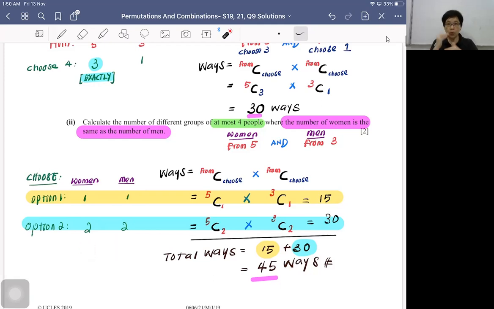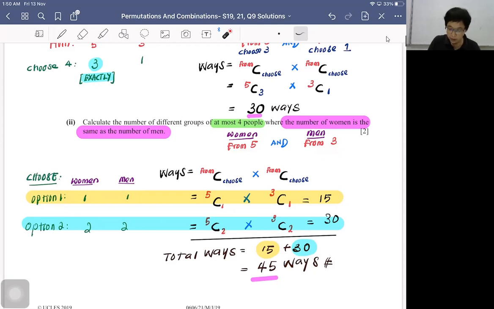Okay, now with all the thinking done, there comes the easy part of it. So for the women, for this option 1, the one that I highlight with this beige color or yellow color, whatever you call that, you have for women 5 altogether, and men you have 3.